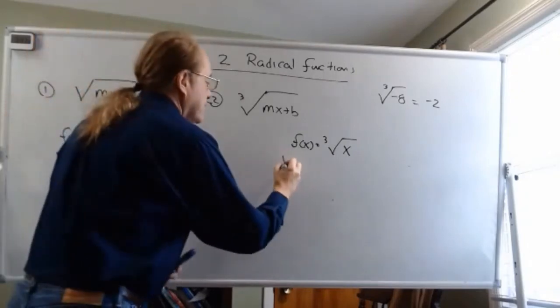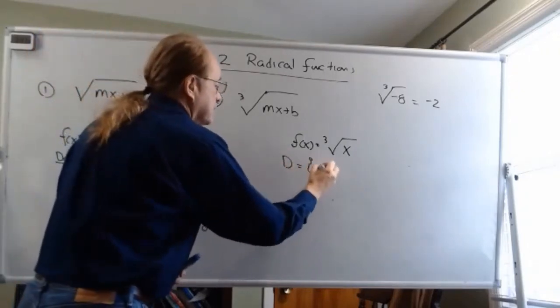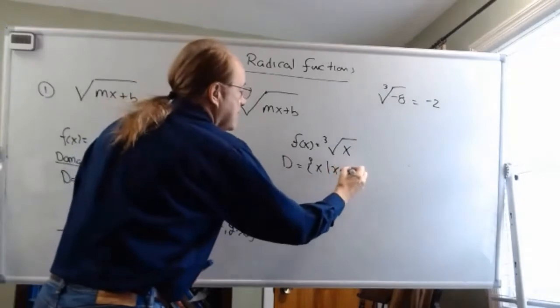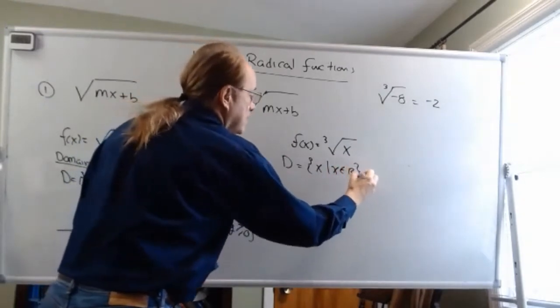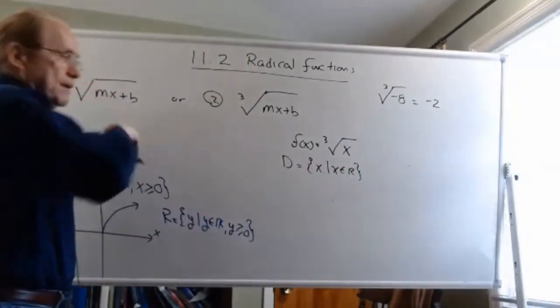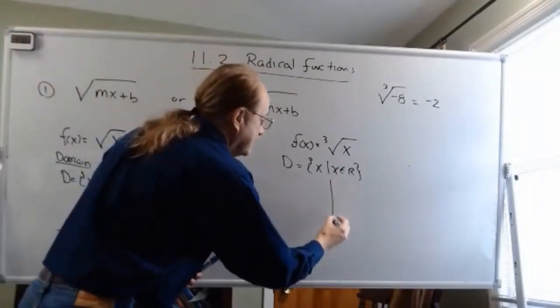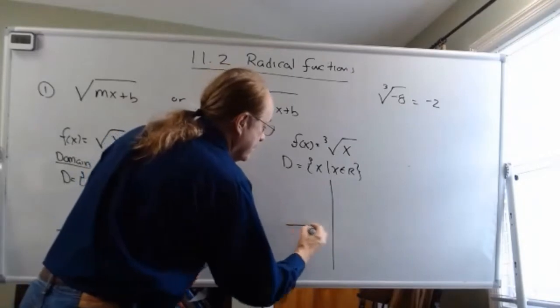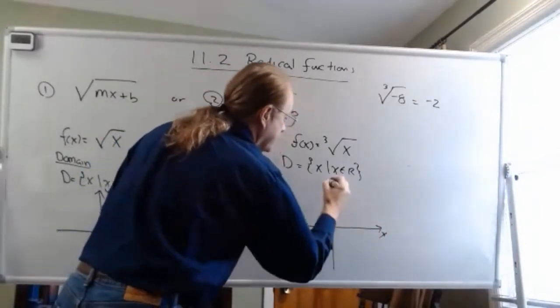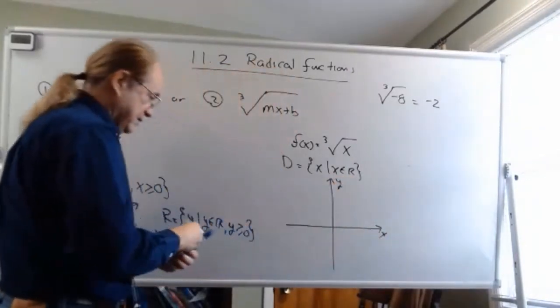So the domain for this is the set of all elements x such that x is any real number. It can be anything. Now, if I were to plot that, I get something that looks like this. Plug it into your calculator, and you'll see something that looks like this.